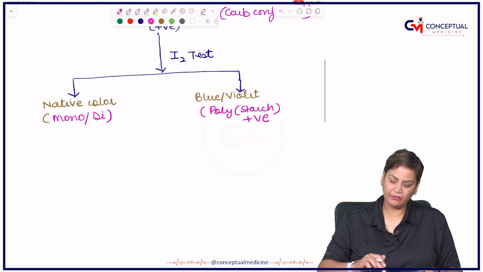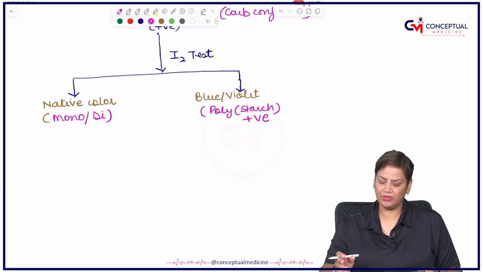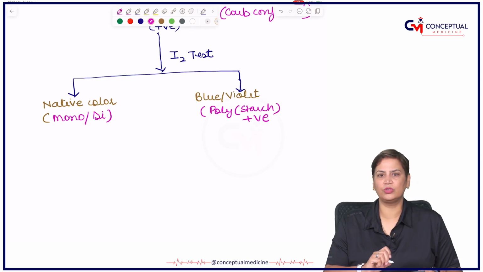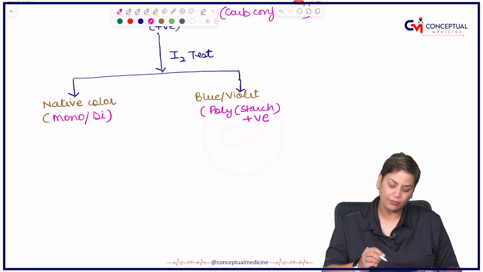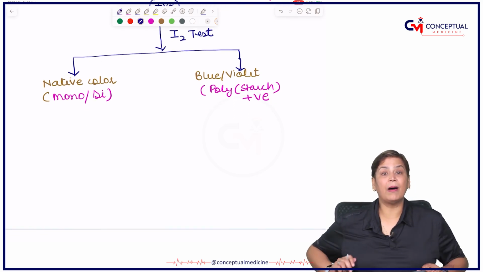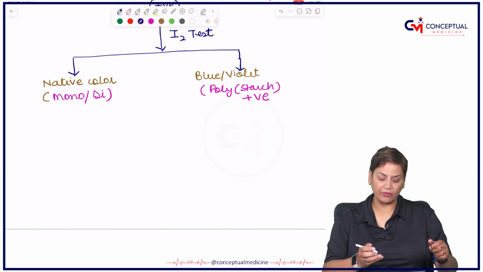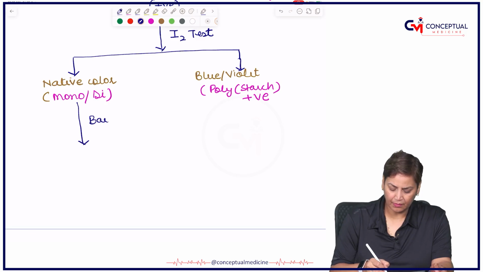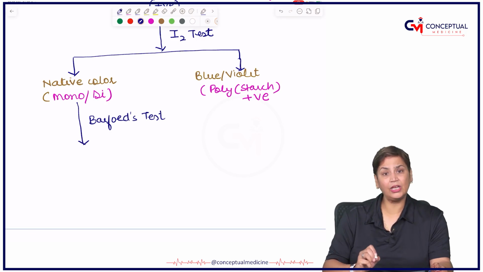If polysaccharide is there, we are going to perform a confirmatory test for starch. But if it is giving the native color of iodine, we are going to see whether it is a monosaccharide or a disaccharide. To differentiate between a monosaccharide and a disaccharide, we go for Barfoed's test.